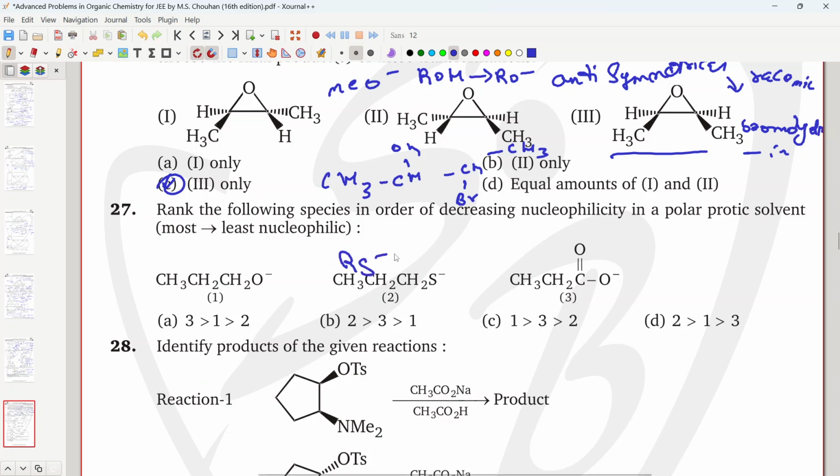Therefore, RS minus is greater than RO minus. Also, acetate is resonance stabilized, CH3COO minus, so it has much less nucleophilicity. Therefore, option D.